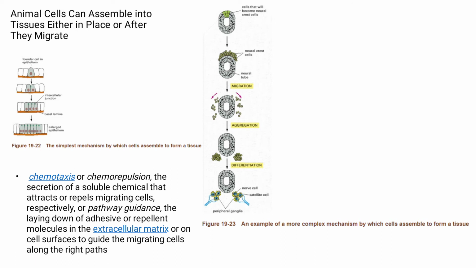This may involve chemotaxis or chemorepulsion, the secretion of a soluble chemical that attracts or repels migrating cells, respectively, or pathway guidance, the laying down of adhesive or repellent molecules in the extracellular matrix or on cell surfaces to guide the migrating cells along the right paths. Then, once a migrating cell has reached its destination, it must recognize and join other cells of the appropriate type to assemble into a tissue.